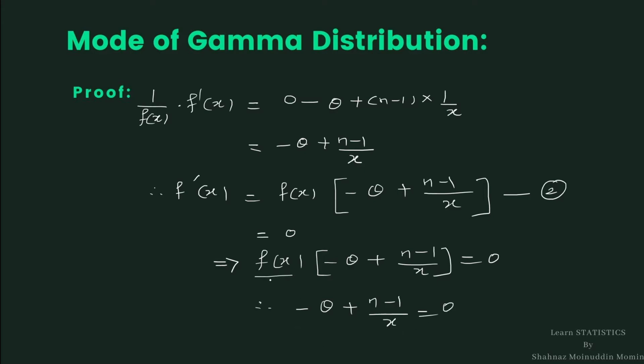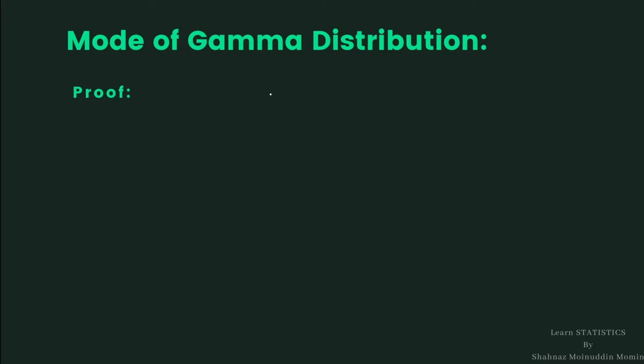Since this PDF cannot be 0, this bracket must be 0. Then and only then is f dash x 0. Therefore theta equals n minus 1 upon x. Hence x equals n minus 1 divided by theta. This is the value of x.